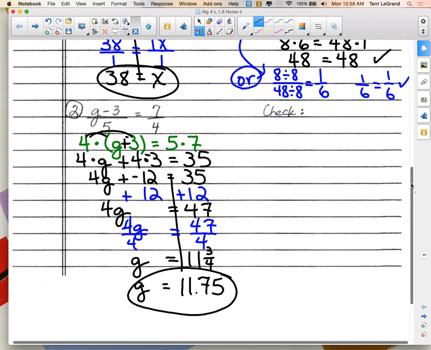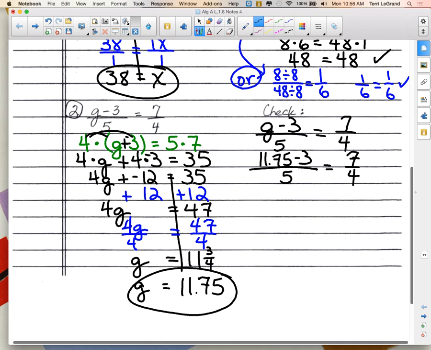So now we're going to go check it out. We think we know the solution. So we're going to write down our proportion that we had to start with. Then we will substitute our solution in for that G. Everything else stays what it was.